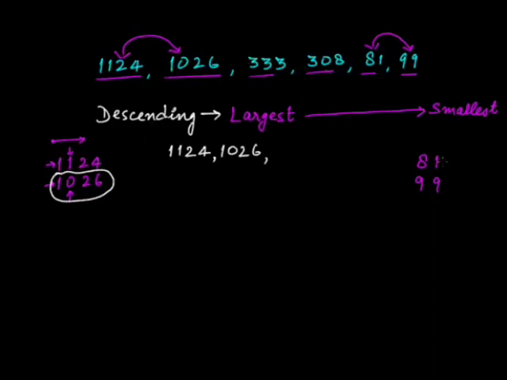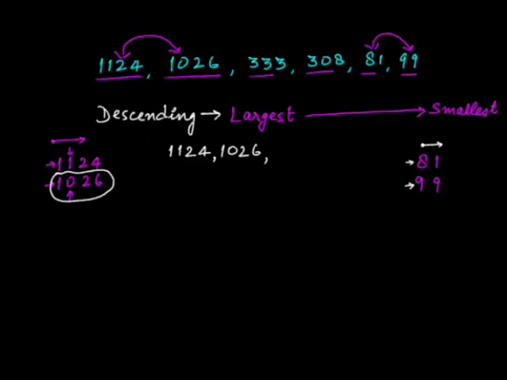See, we have 81 and 99. From here we can find out which one is the smallest number. Same concept. Move from left to right, compare this tens place, this is 8, this is 9. Obviously 8 is smaller than 9, therefore 81 is the smallest number.